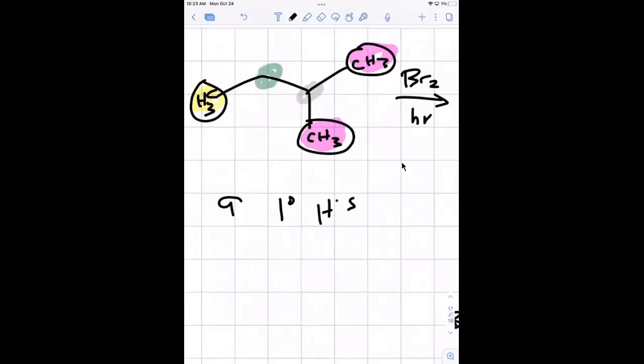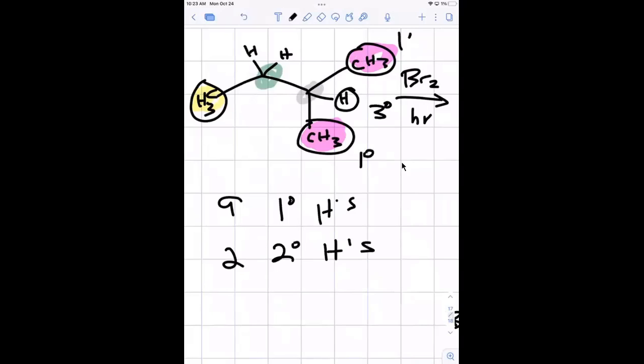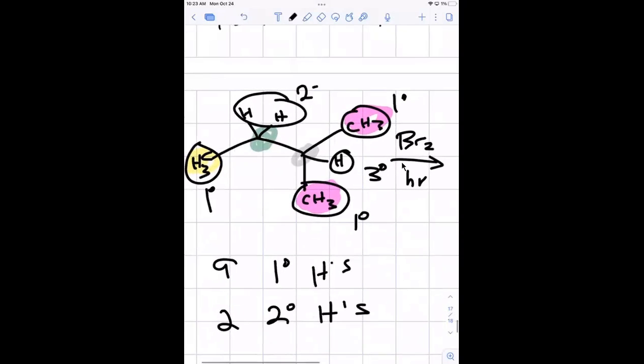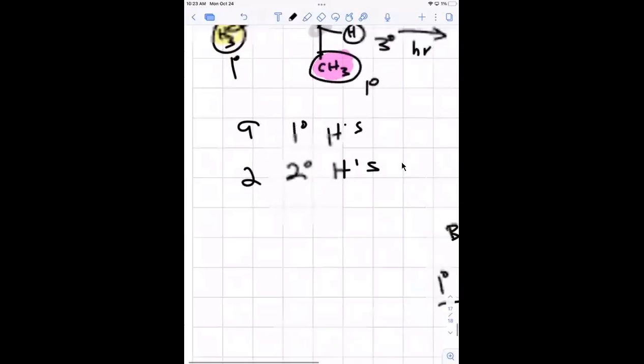This is just to calculate the sum. How many secondaries? Two secondary hydrogens. And then 1 tertiary hydrogen. Everybody okay with that so far?